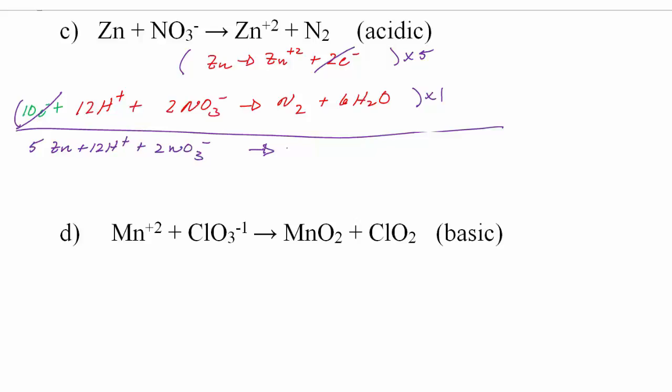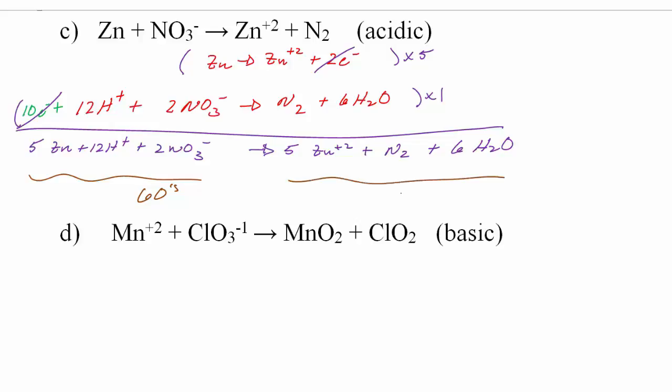It's going to form 5 moles of zinc ion, and a mole of nitrogen, and 6 moles of water. Let's check those oxygens. On this side, I have 2 times 3, I have 6 oxygens. Over here, 6 oxygens. I'm in acidic solution. I'm going to stop right there.